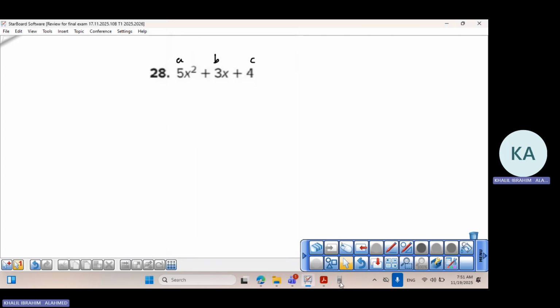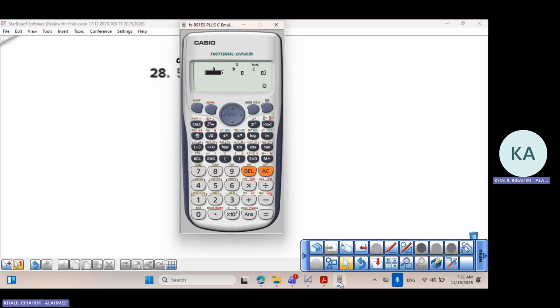Maybe A 5, B 3, C 4. What's the answer? This is, yes, complex number. Imaginary number. Don't continue. The answer is prime.